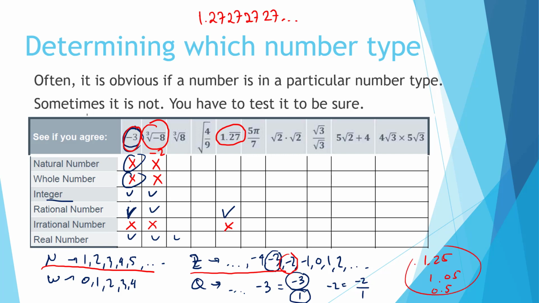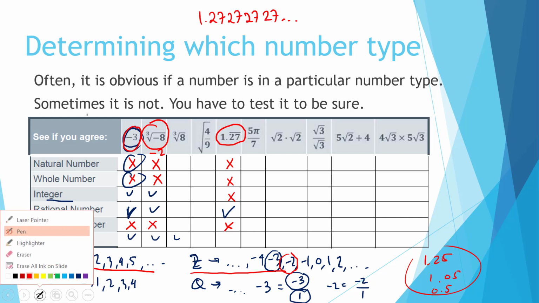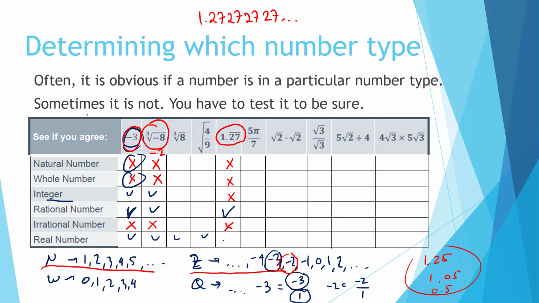These numbers are not included in the natural numbers, whole numbers, and integers. So this number is not included in those. And as I said before, I should have ticked all of these numbers because they are all real numbers, I mean, numbers on the number line. Okay, so that's it.